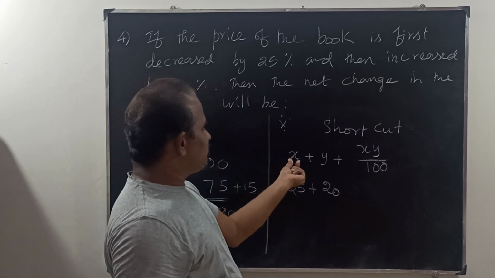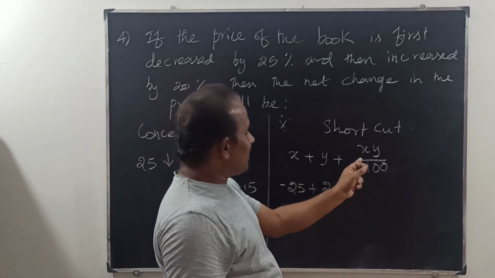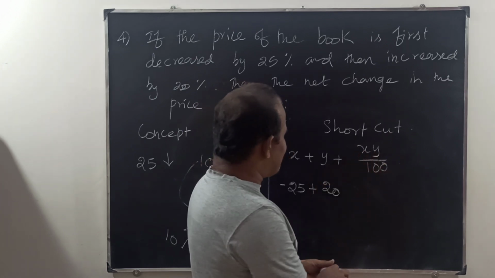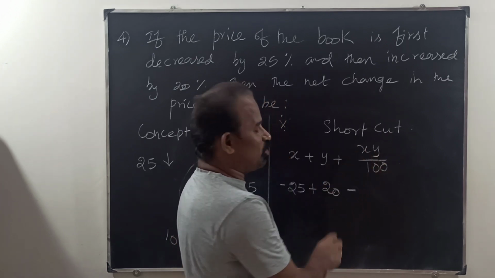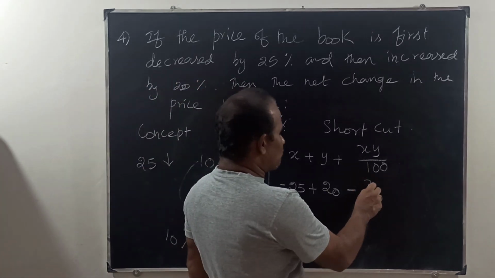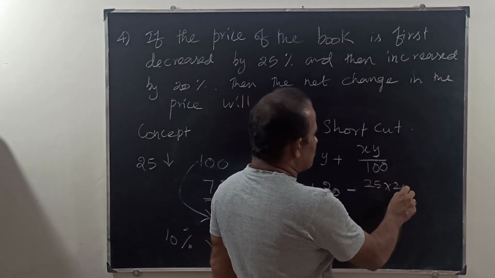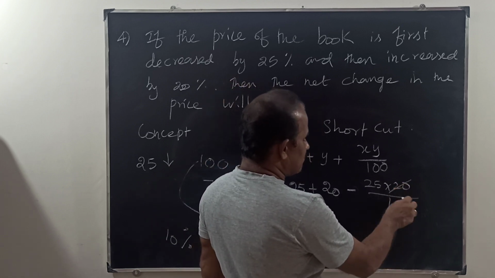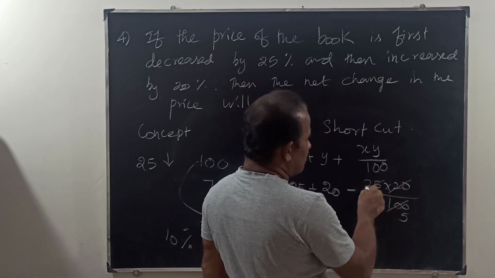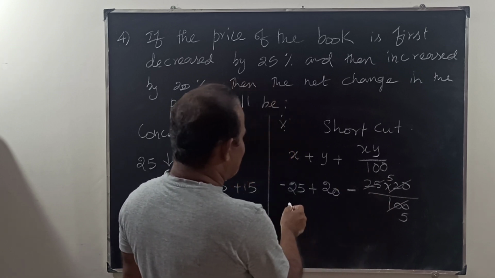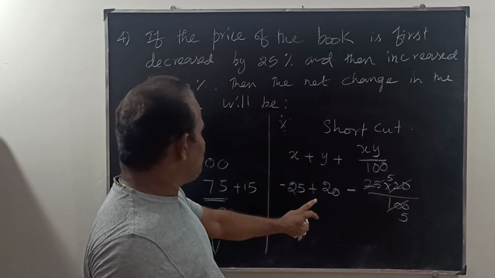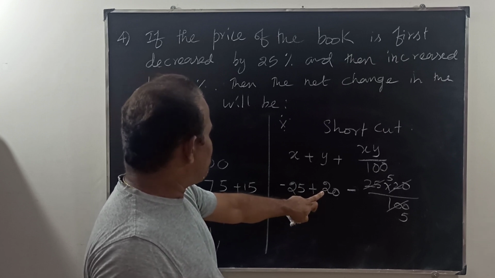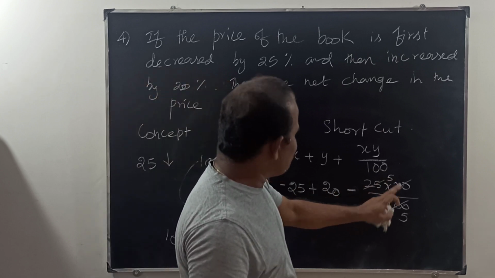So one is decreased, one is increased. Here decreased into increased, plus into minus, therefore minus. So 25 into 20 divided by 100, this is 5. So ultimately minus 25 plus 20 equals minus 5, and again minus 5.